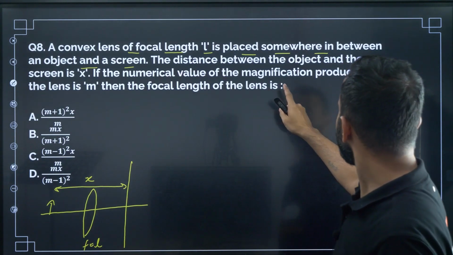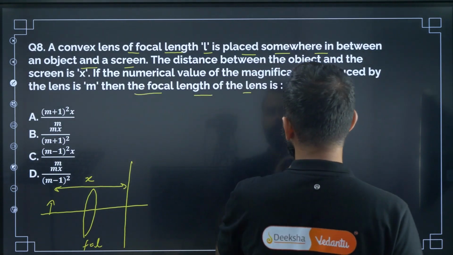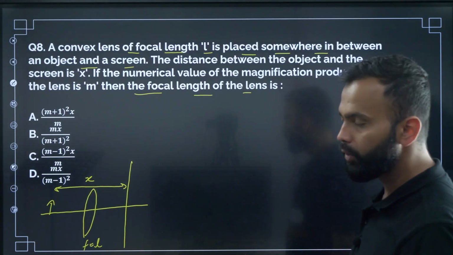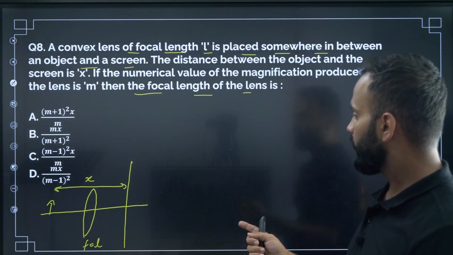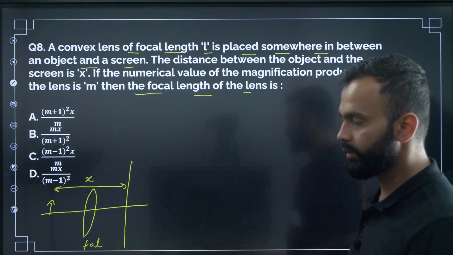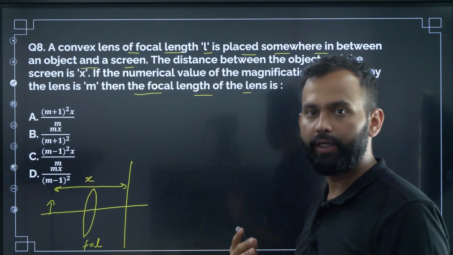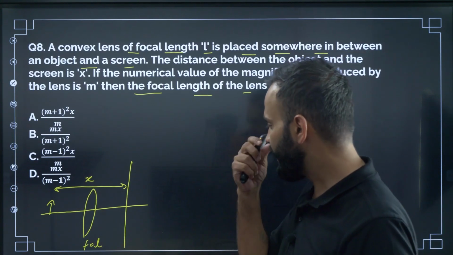If the numerical value of the magnification produced by the lens is m, then the focal length of the lens is? We need to find the expression of focal length in terms of m and x. Let's find v, the image distance, and u, the object distance, and then we can easily find the focal length.